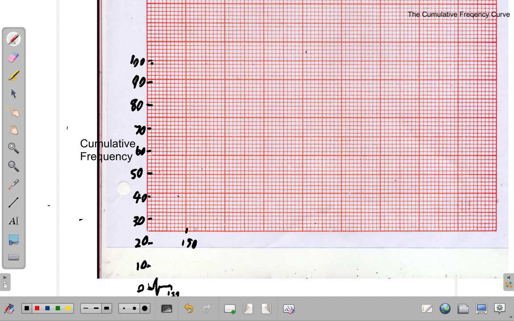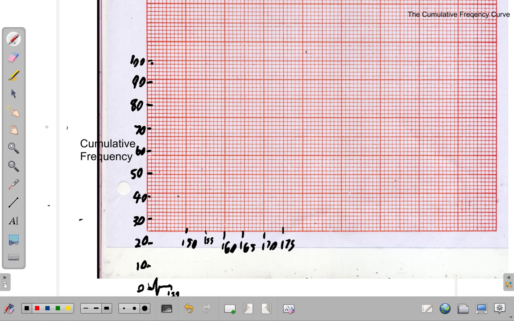Now, how can you divide this into 30 evenly? What you could do is say from 150, you could try trial and error at first. 155, if you go up 1 centimeter to 5 units, you would say 160, 165, 170, one more centimeter, 175.